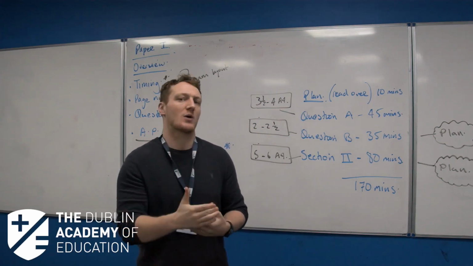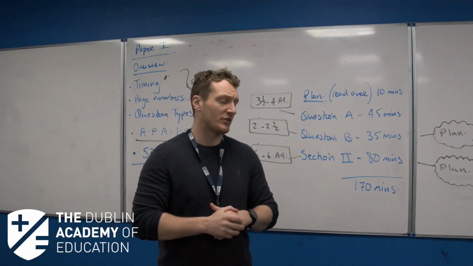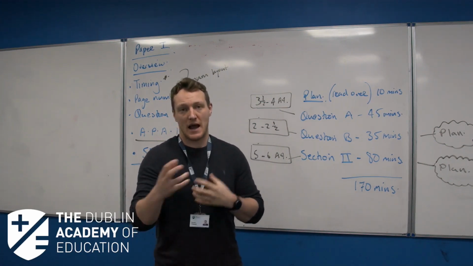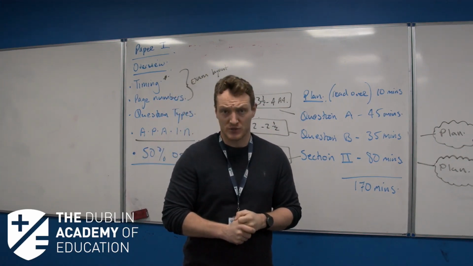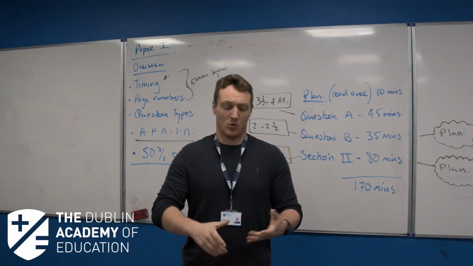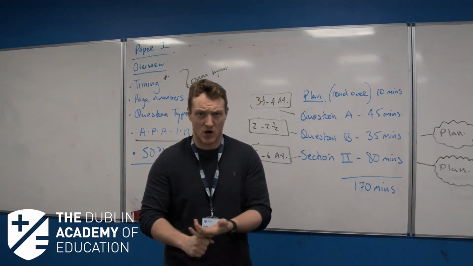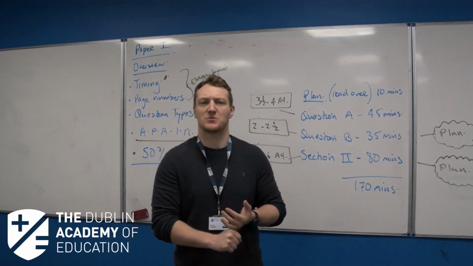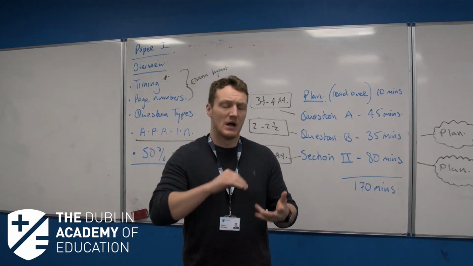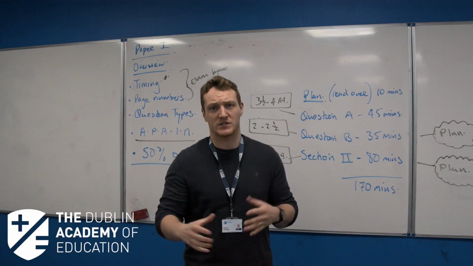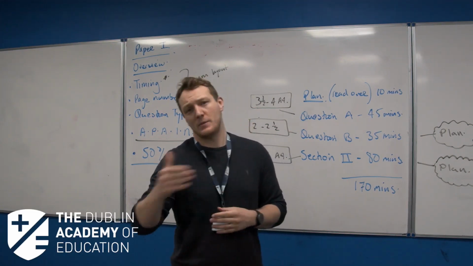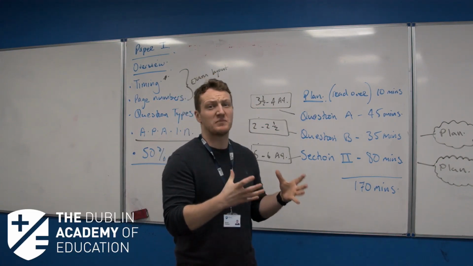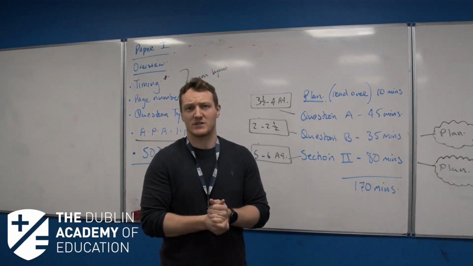So that's where we're going to start, with an overview of the types of language that exist in English and how we're going to use them for our paper 1 material. We're also going to look at timing and time management. We have to be absolute surgeons when it comes to time management in both paper 1 and paper 2. And we'll look at our marking scheme, where the marks are going, how many pages we have to write, and so on. Really just an overview of paper 1 and all the necessary things we need to do.